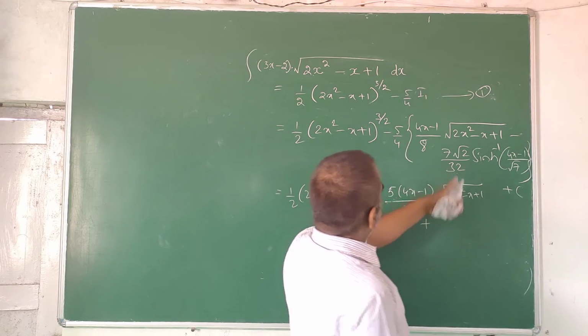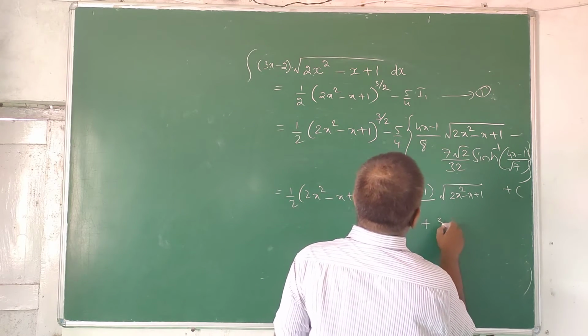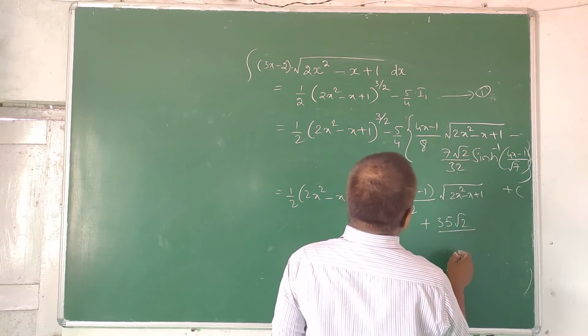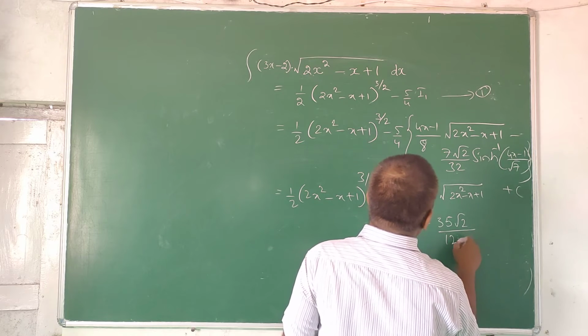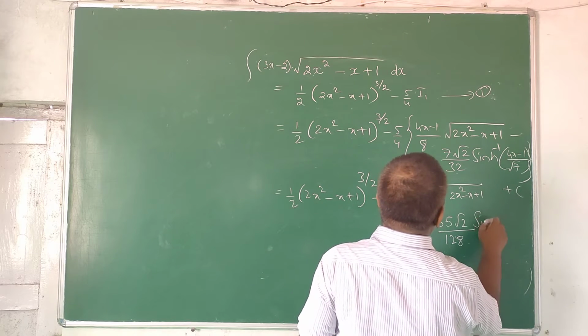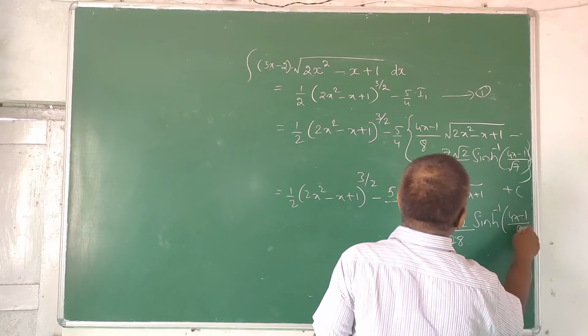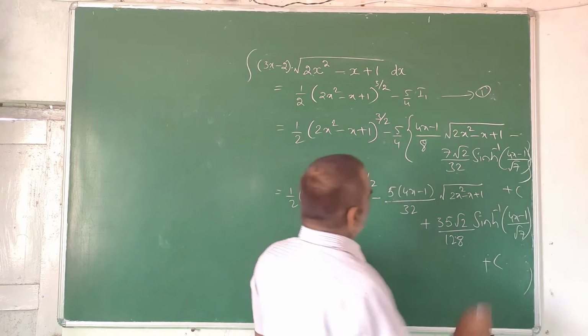Now 5 7s are 35 root 2 by 4 into 32, 128, into sinh inverse 4x minus 1 by root 7 plus c. This ends the problem.